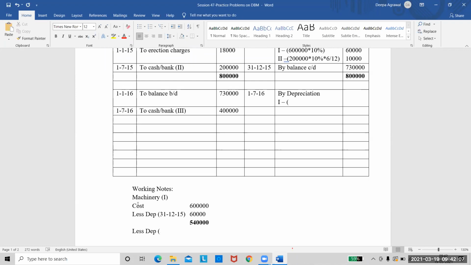We are providing on 1st July 2016, right? So how will we provide this depreciation? Tell me that. Yes, for 6 months, but on how much amount will I calculate? So what I will write here is, I will write how to calculate also. I have to calculate on 5,40,000 into 10% and into 6/12. This is how I will have to do.